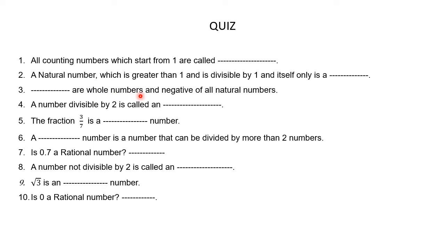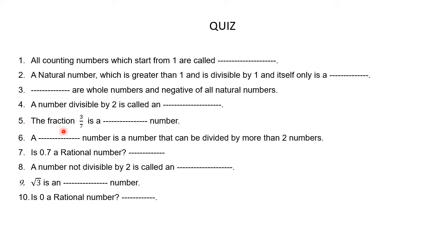Dash are whole numbers and negative of all natural numbers. The answer to this is integers. Integers are whole numbers and negative of all natural numbers. Fourth question. A number divisible by 2 is called a dash. The answer to this is even number. A number divisible by 2 is called an even number.